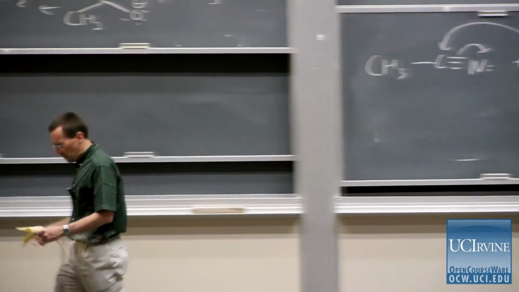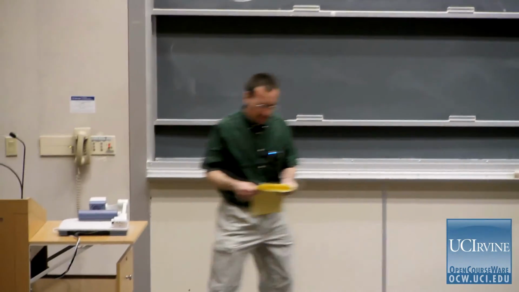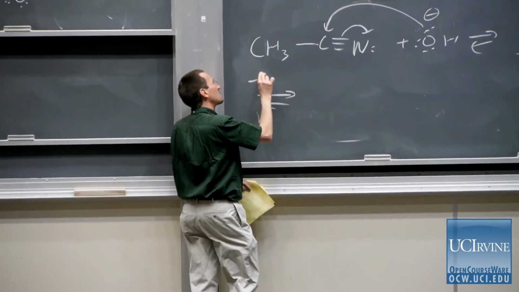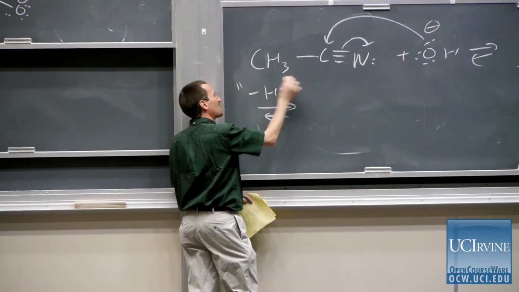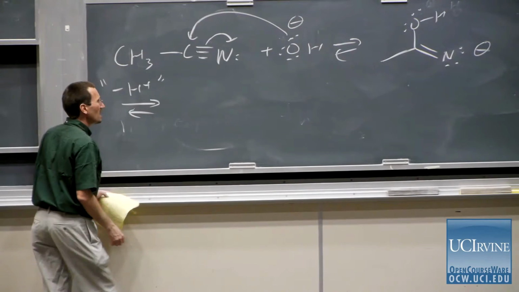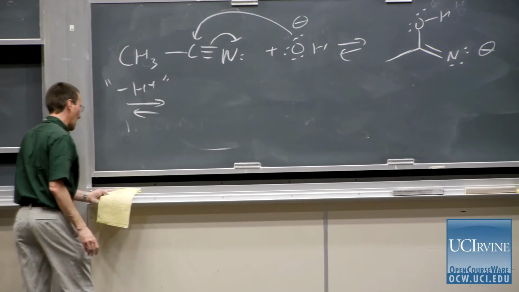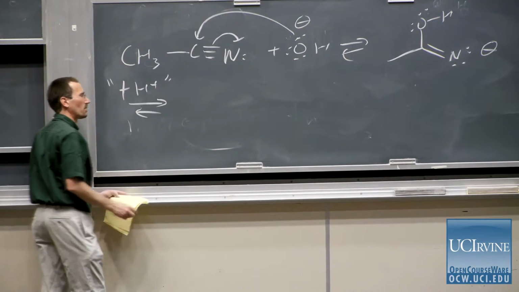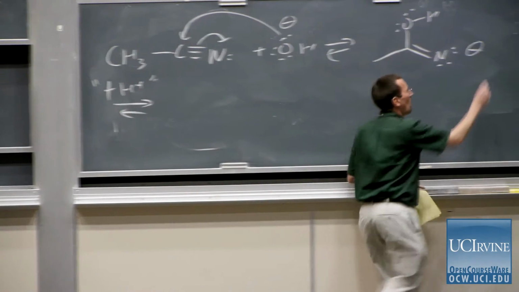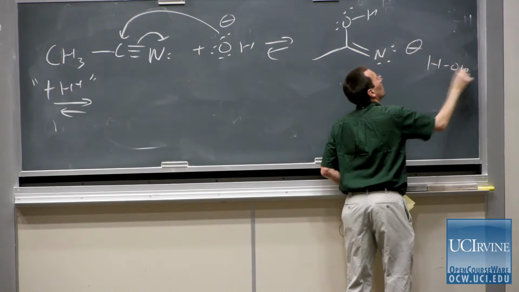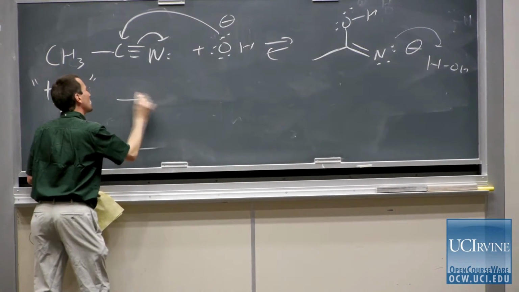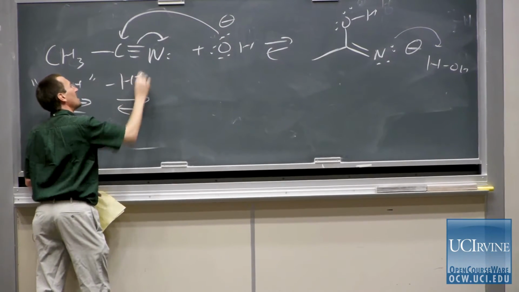We're going to shuffle some protons around. First we're going to put on a proton here, so plus H+. Of course, that's not really H+; that's water going ahead and protonating. You can think of the next step as minus H+.